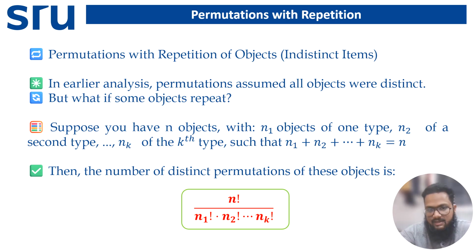If you have this kind of objects with repetition, then the permutation formula will be this one: the total objects n factorial divided by the factorials of the counts of each type of repeated object. So this is the formula.